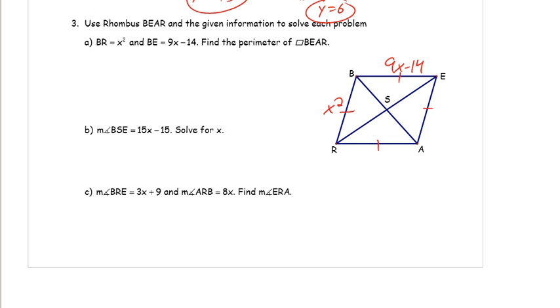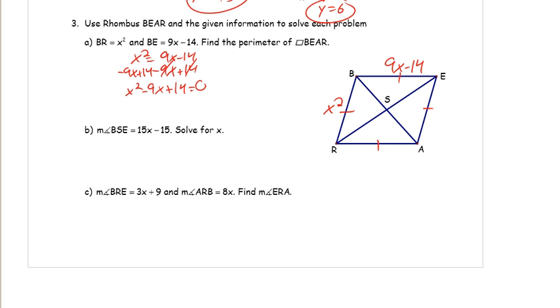It's not a square because they're not 90-degree angles, but all the sides are the same. So what we could say is x squared equals 9x minus 14. If we can get one side, we know all four sides. Subtract 9x. I'll add 14 at the same time. So we get x squared minus 9x plus 14 equals 0.